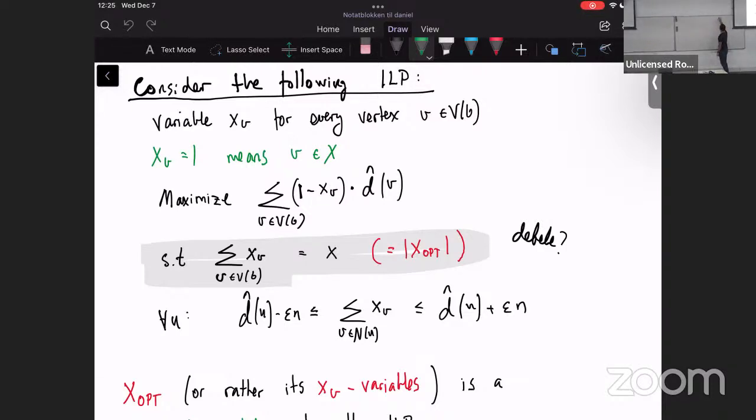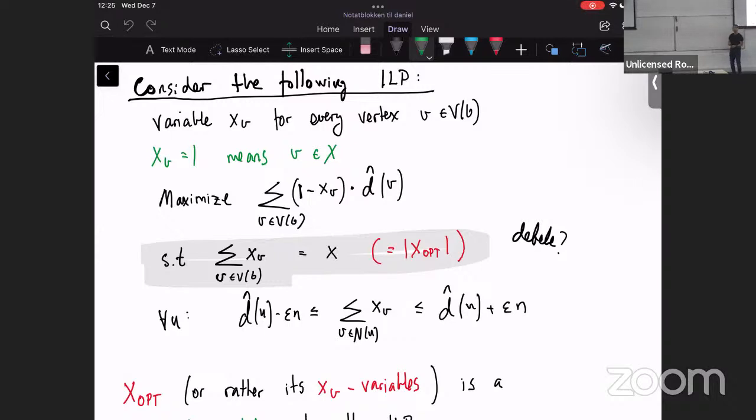I do know some estimated degree, d hat of v into X, with the promise that my estimate is pretty good.